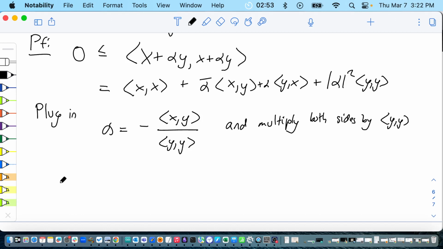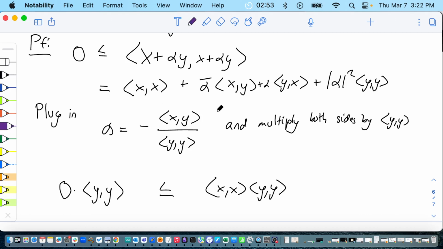On the left-hand side, you're going to get 0 times yy. On the right-hand side, you get less than xxyy. That was the first term, xx, multiplied by yy. Then there's a whole bunch of terms over here, and all those work out to 0, because alpha has exactly the xy, so they cancel each other out. By the rules, you get a plus 0.